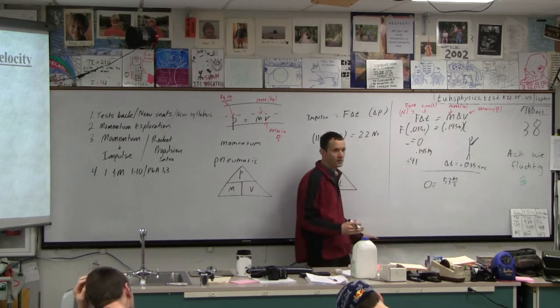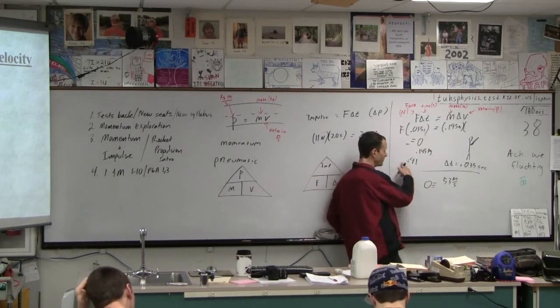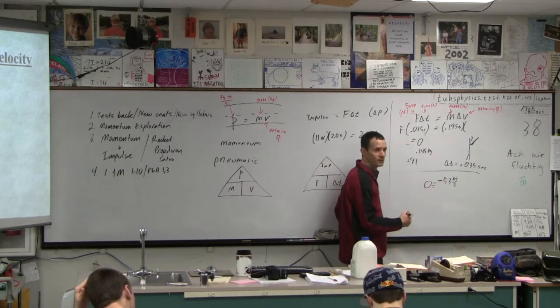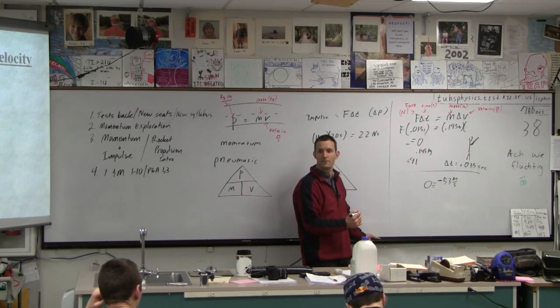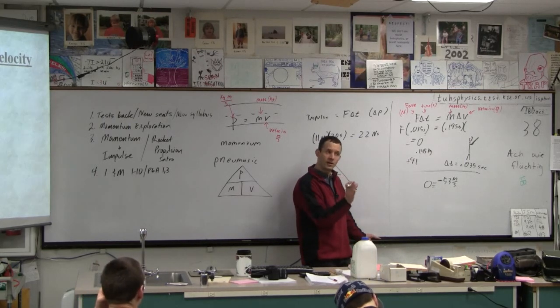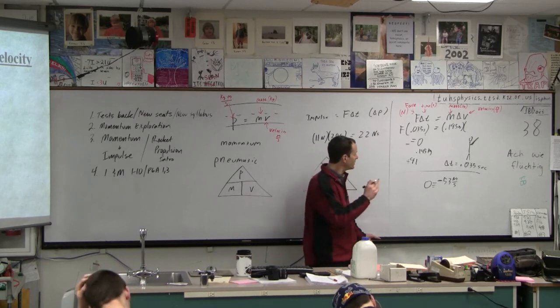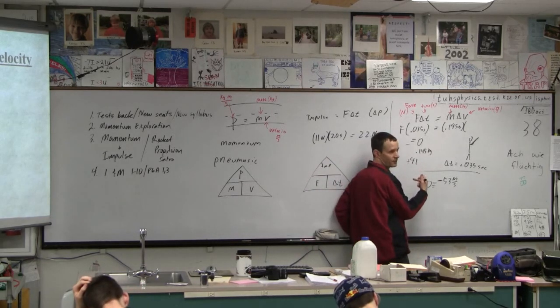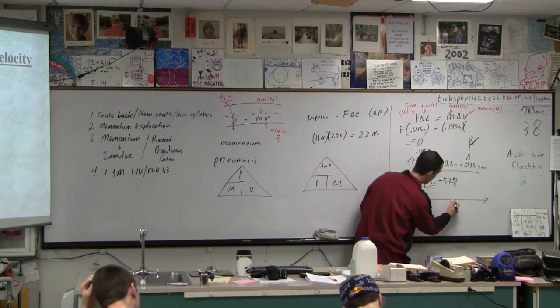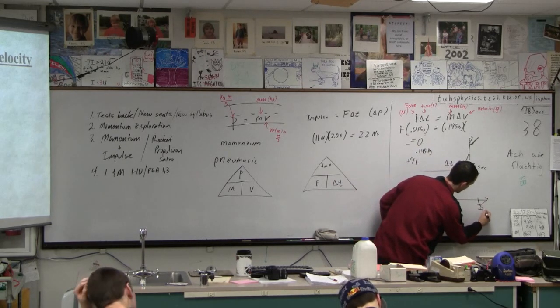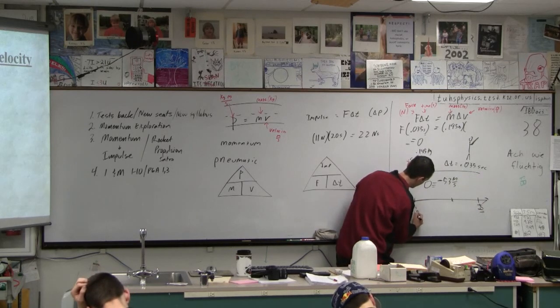We have to be very careful. What is the change from positive 41 to negative 53? Negative 94. Is it negative 94 total? Yeah, so be very careful. Remember, it's a vector, and this ball turned around and went back the other way. So the change is, we've got to draw a little number line here. It went from positive 41 to negative 53.